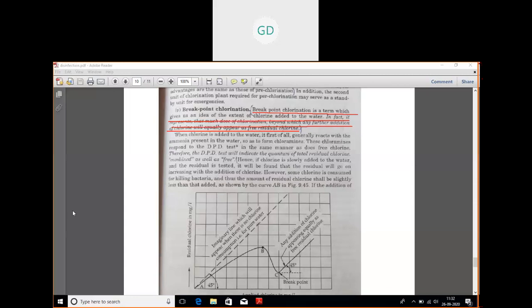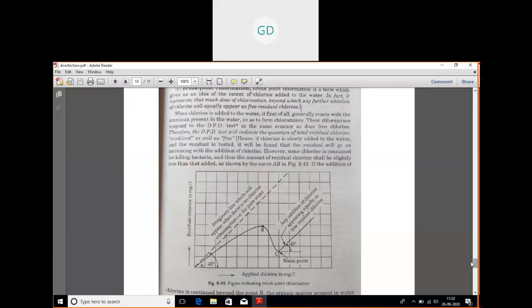As you keep adding chlorine, at some point it will appear as free residual chlorine, and that is indicated by breakpoint chlorination. To understand this, a graph is given here. Let's see what this graph says.